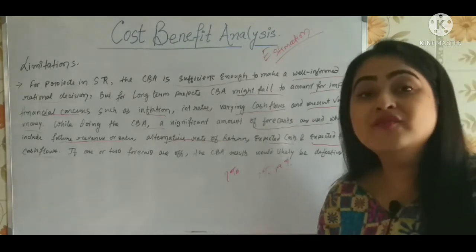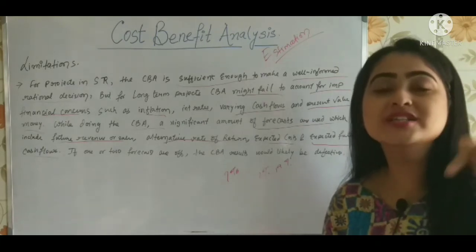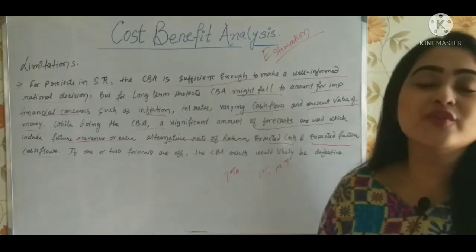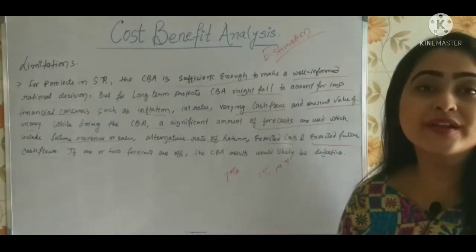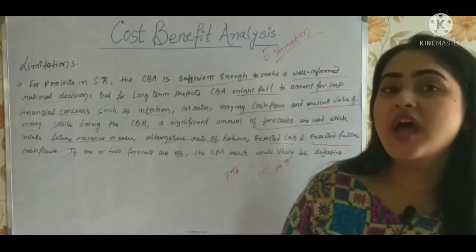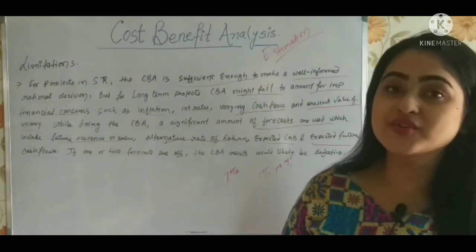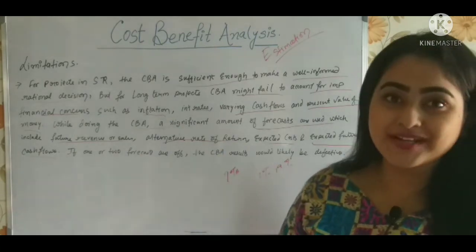If while making any one forecast you overestimate the benefit or underestimate the cost, that's going to give you a bad result, the opposite result to what should have happened. And later in the long run you realize that you should not have undertaken this project. Or maybe you can even realize that you should have undertaken the project, isn't it?